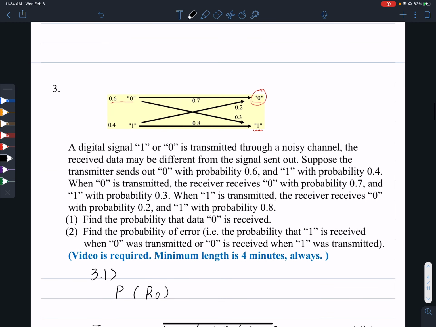And the second part is the transmitter sends out data 1, and on this condition, the receiver may receive data 0 or data 1.